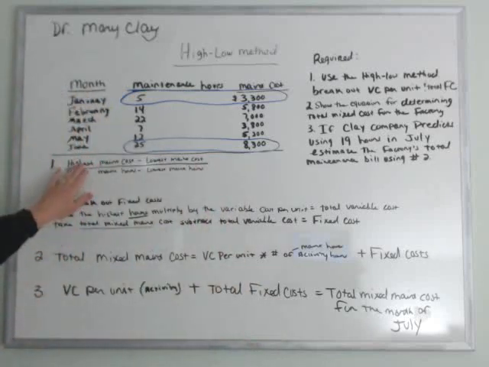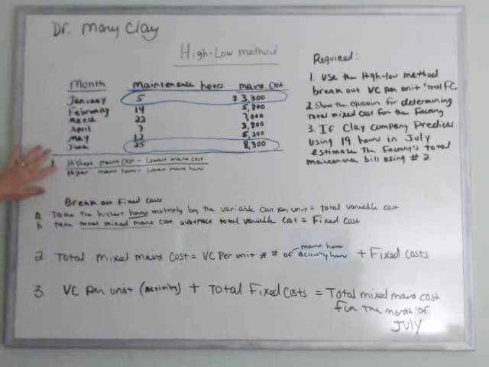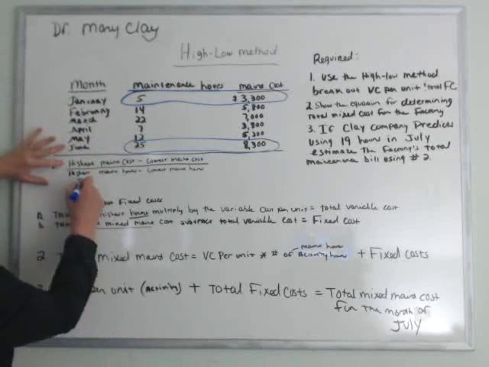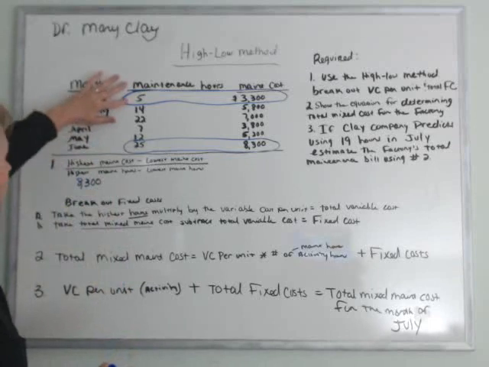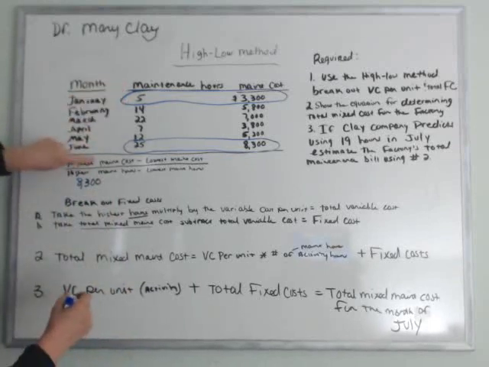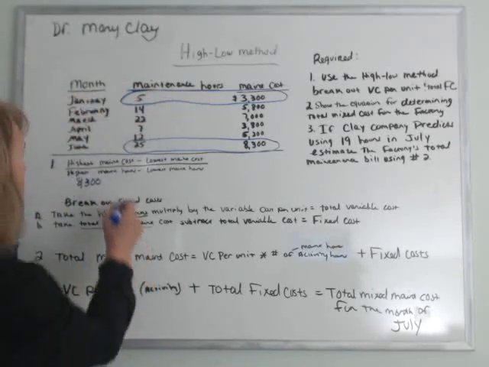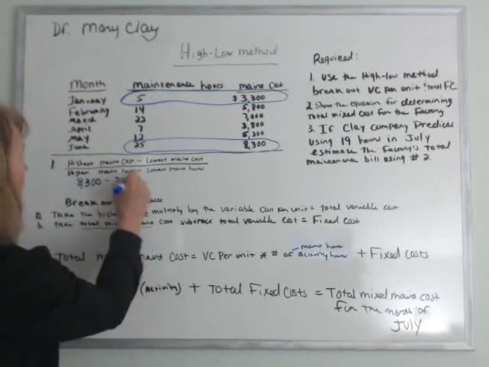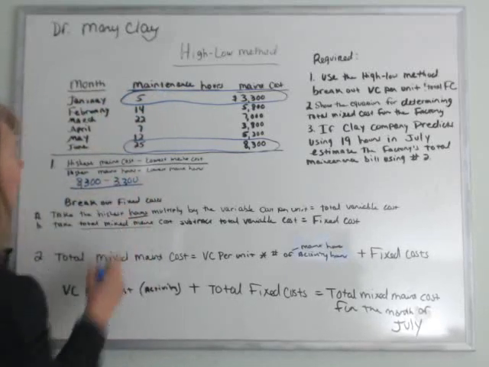Okay, so when we break this down, we are going to use the highest maintenance costs, which is $8,300, and then we're going to subtract out the lowest maintenance costs, which is $3,300. That's our numerator.